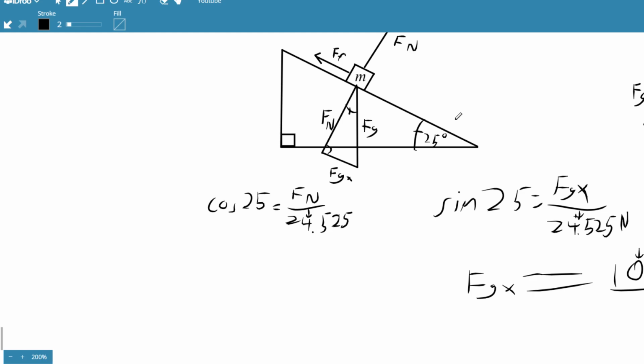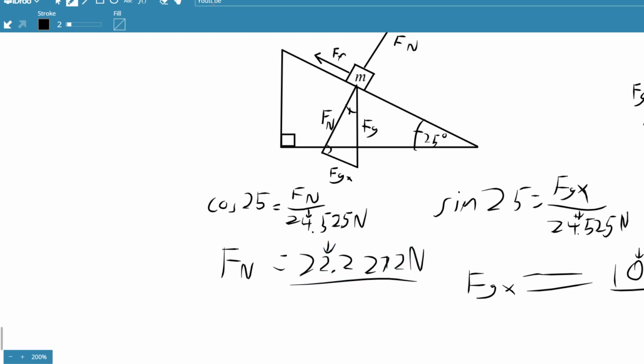Then put in your calculator, cosine 25 times 24.525. Then we have Fn equals 22.22172 newtons and 2 sig figs.